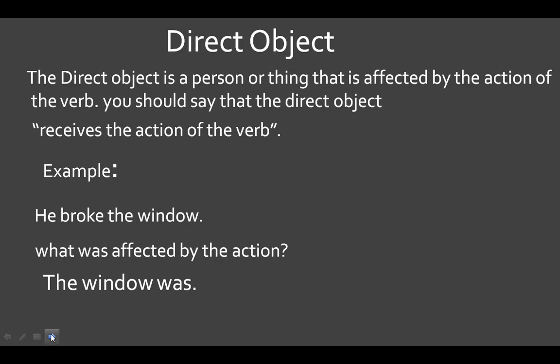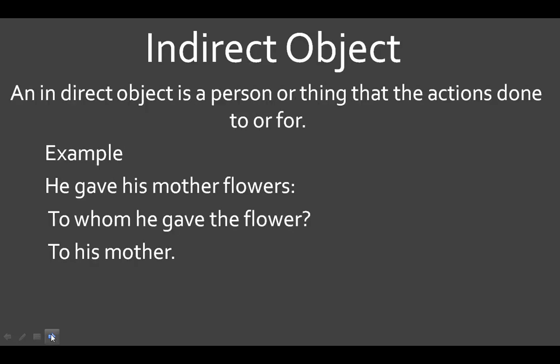Let's see the example. He broke the window. What was affected by the action? The window was. Now discuss the indirect object.